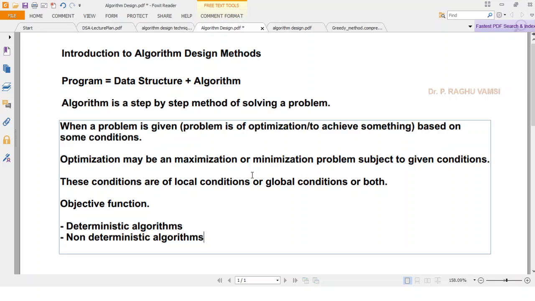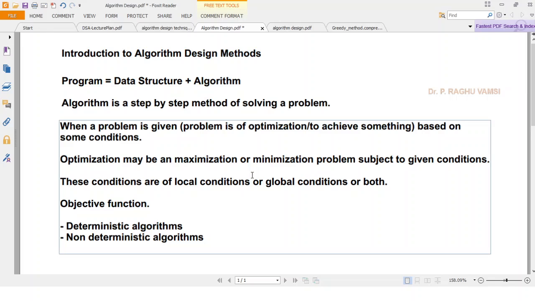In the case of non-deterministic, the name tells you it is non-determinism: you may or may not get the output. So here you may solve the maximization problem, or you may solve the objective function, or may not solve the objective function. This is what non-deterministic algorithms are.